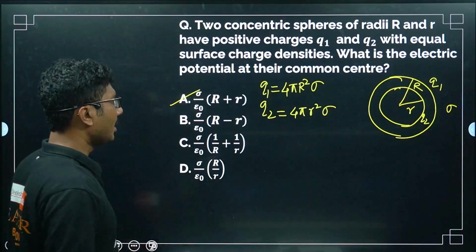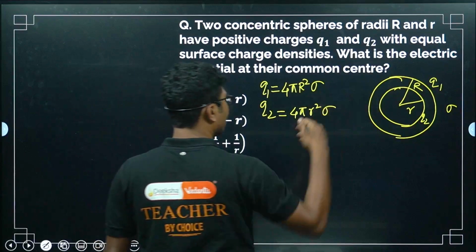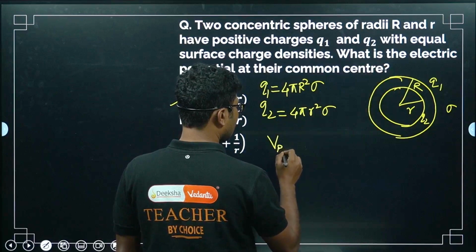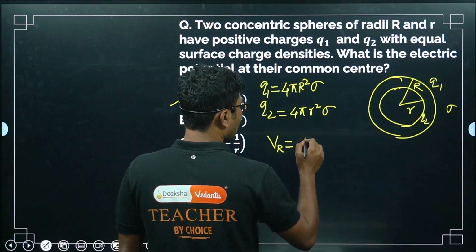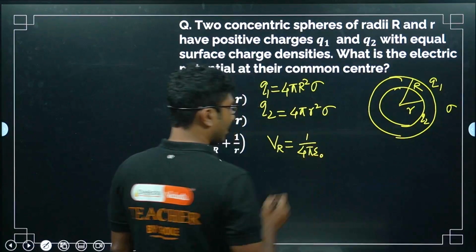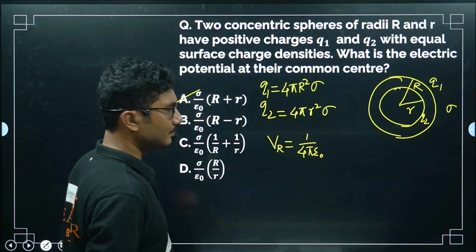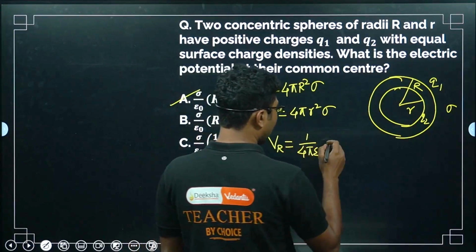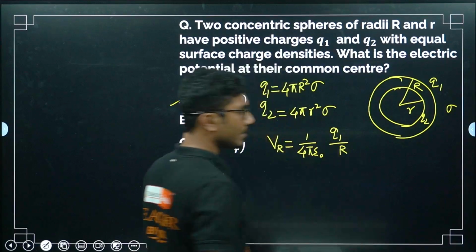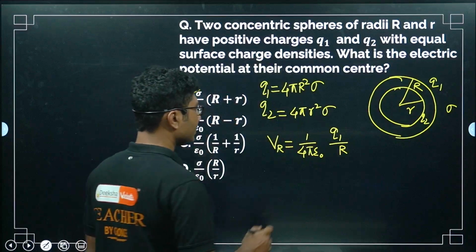Same form. Now, what is the potential due to one of the spheres, say the bigger sphere? The potential due to the bigger sphere, VR, is given by 1 by 4 pi epsilon naught. I am not writing K because there is a reason, it will cancel. 1 by 4 pi epsilon naught Q1 by R. That is the potential for a sphere, which I just discussed in our previous problem.